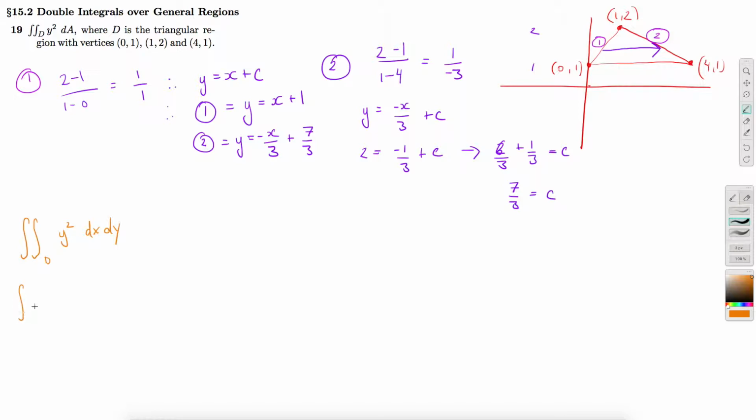And in that case, our x's have to be in respect to y.